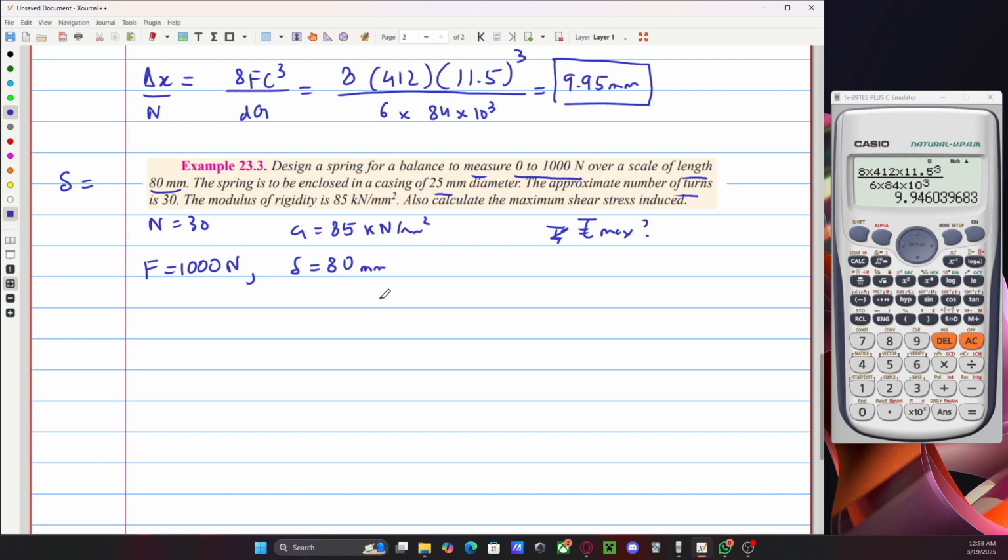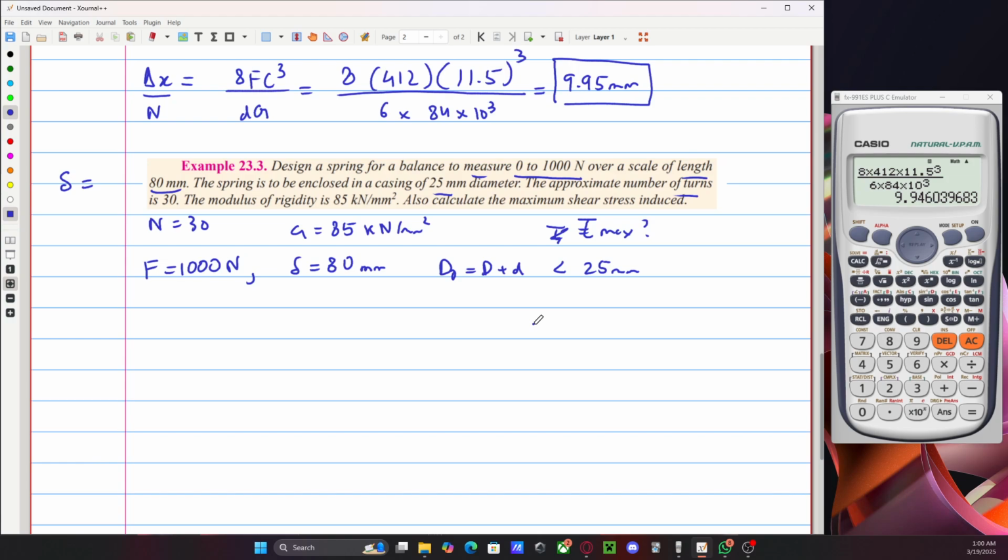So this is our given information, and when they're saying it's enclosed in a casing of 25 millimeter diameter, what they're saying is that it has to be less than 25 millimeters. So our outer diameter, which is D plus small d, has to be less than 25 millimeters.